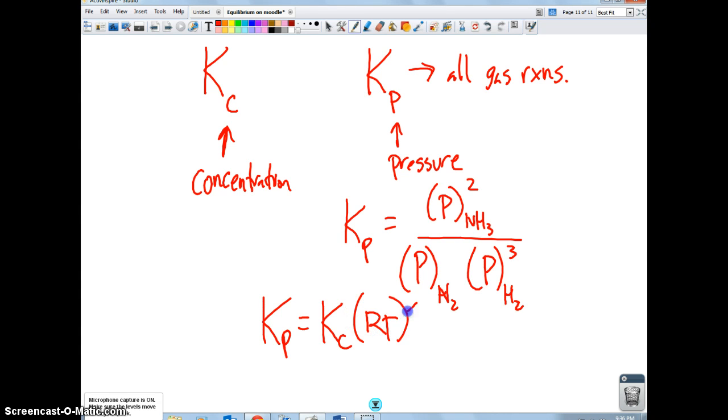So again, going back to our reaction, N2 plus 3 H2 forming 2 NH3, we started with 4 moles of reactant, and we ended up with 2 moles of product. So delta n here is negative 2.